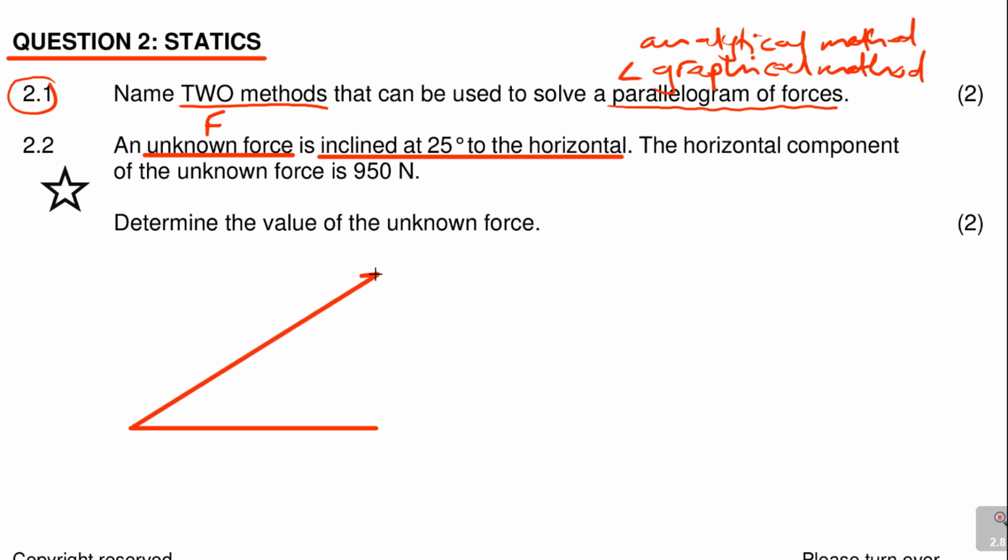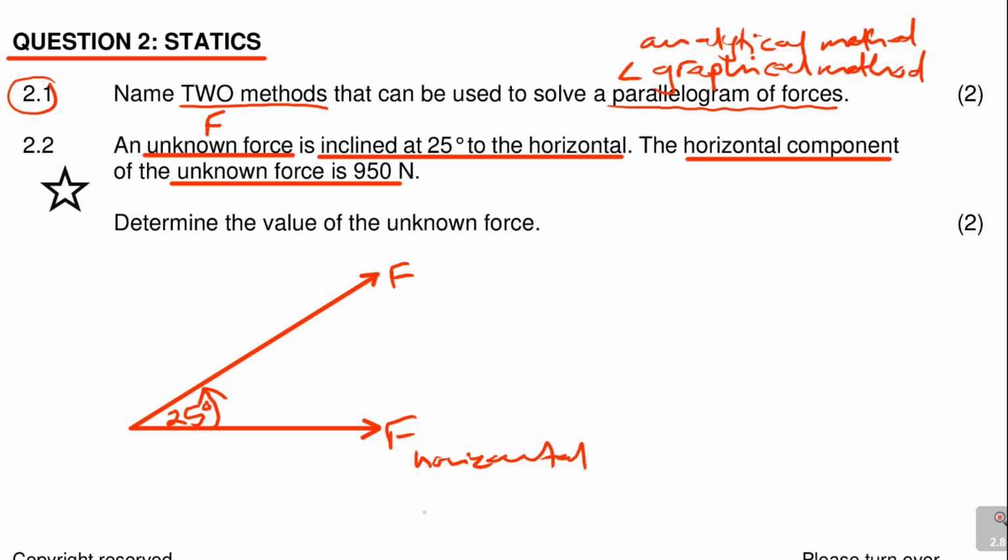And then we're gonna call it F, and they are telling me the angle of inclination here is 25 degrees. Are you with me? Then they say the horizontal component of the unknown force is 950. So where is the horizontal component? This is the horizontal component there. I can call it F horizontal if you want.